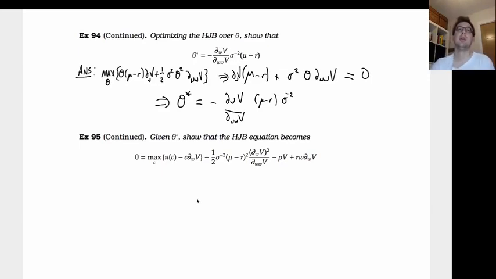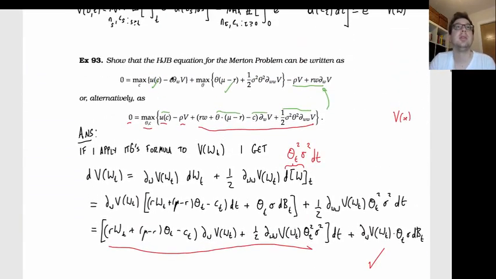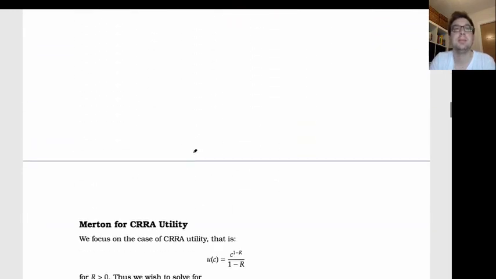So what we're going to do now is focus in on a specific type of utility function, one that's got a nice structure, so we can find these partial derivatives in order to find the optimal wealth, and also to figure out the optimal consumption. Remember that for the optimal consumption, we also need to know these partial derivatives in order to do this maximization here.